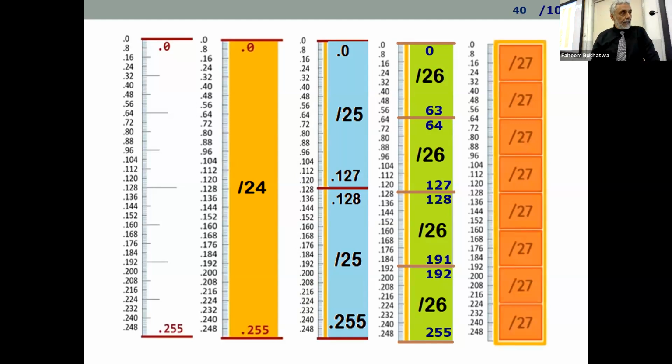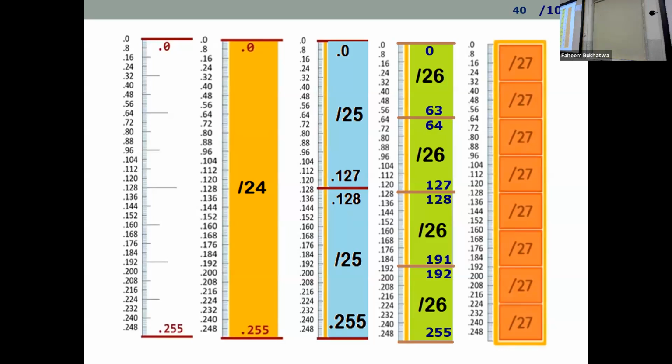So for any network with any mask number, if you increase that mask number by 1, you are going to get twice as many networks, but they're half the size. And if you keep doing it, you're going to have more networks. From /24 to /26, you're going to have 4 networks. From /24, you can split it into /27, 8 networks.